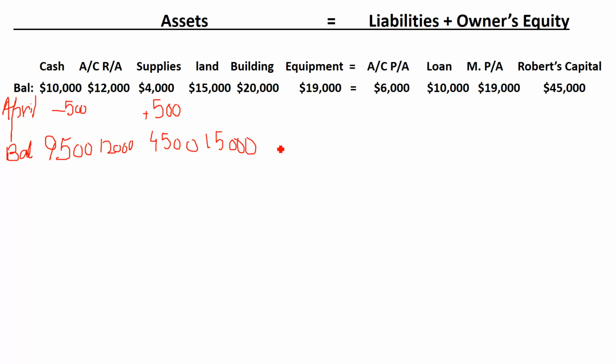These are the same because this transaction does not affect any of these accounts. So when you count the left hand side and right hand side, it should be balanced. See, 6,000, 10,000, 19,000 plus 45,000, 80,000. This is also 80,000.